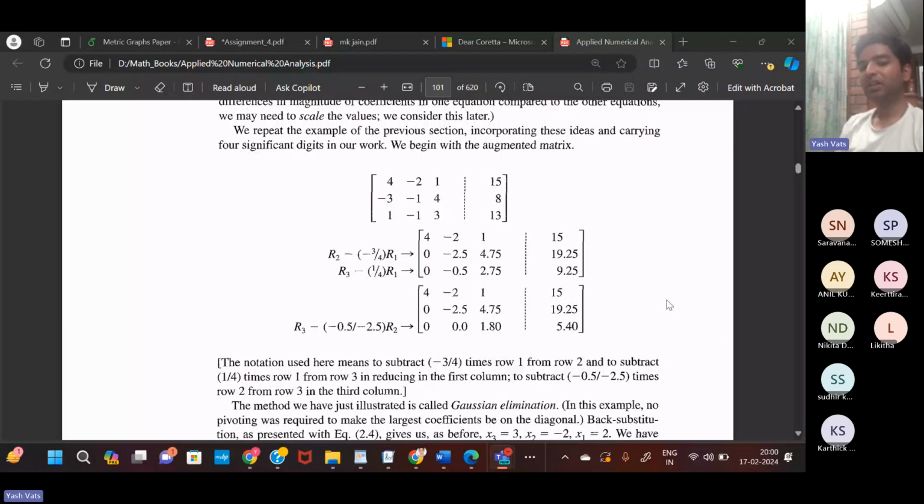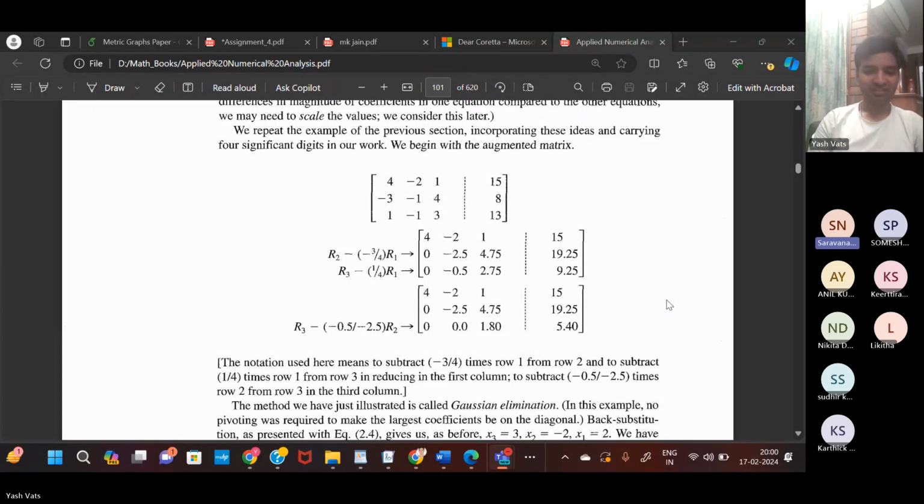There is one thing: I think you have studied that you can't divide by a very small number. You have to change the rows, diagonal dominance and all. After Gauss elimination, these things come, like you can't divide by a very small number because it leads to numerical errors.